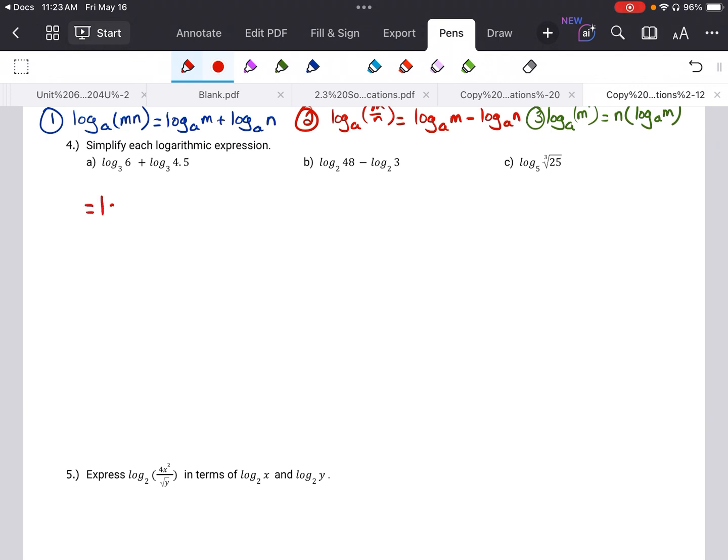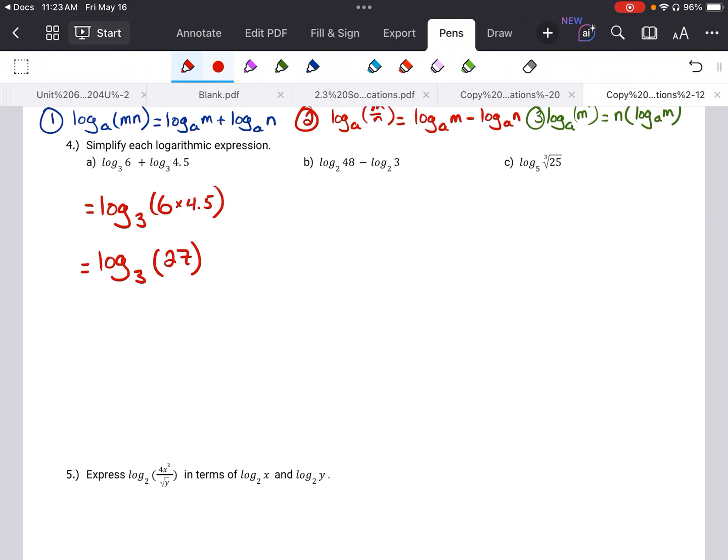So this is going to be log base 3 of 6 times 4.5. This is the log a of m times n. Okay, so log base 3 of 6 times 4.5 is 27.